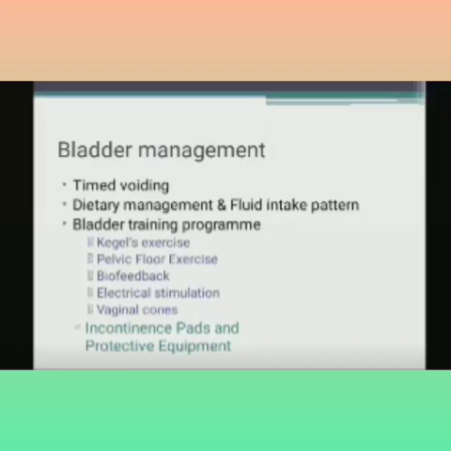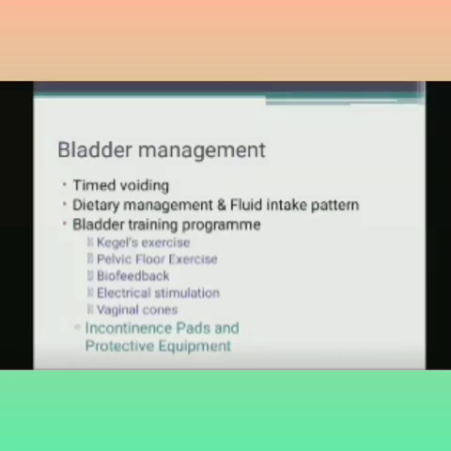Then sometimes there is a weakness in the bladder muscle or the external sphincter muscle, and there is a chance of incontinence. For that, they may use some protective equipment so that they don't have accidental urination.